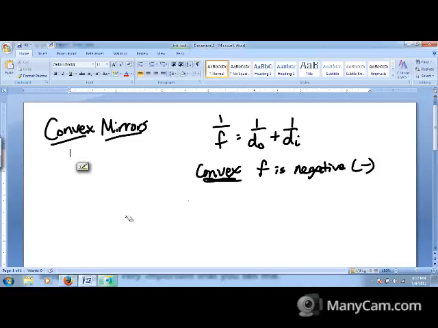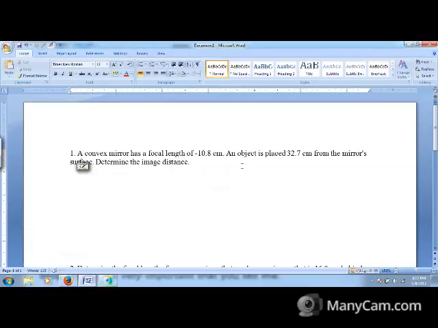And that means the image distance is in the other way, so it should be negative as well. So what I'm going to do is I'm going to shortly go through each of these 4 problems. And I'm not going to solve them, give you numbers. I'm just going to set them up and show you the conventions, because I think that's the most important thing to get out of this. So I'm going to write these equations up here. So this is the mirror equation. And this is the magnification equation.